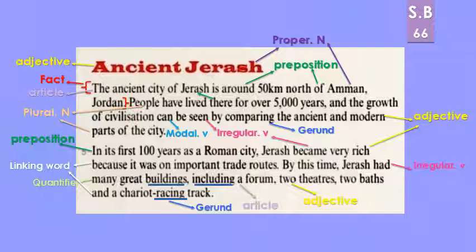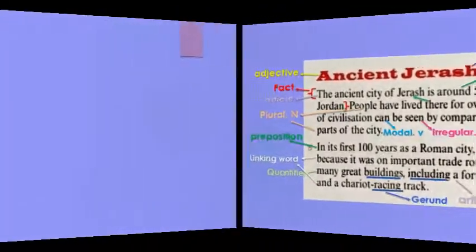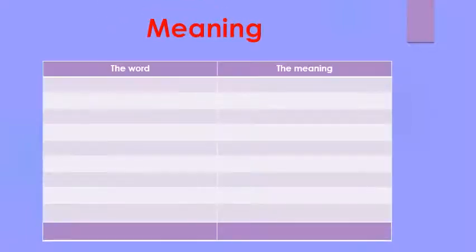Okay, so you have to write these find out in your notebook. And now let's move to the meaning. Okay guys, now let's move to the meaning part. So draw this table in your notebook and try to guess the meaning or to remember the meaning.